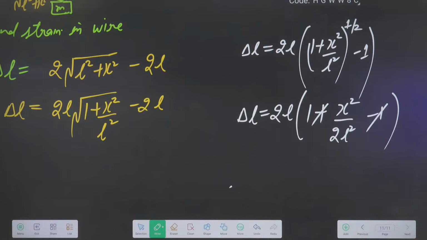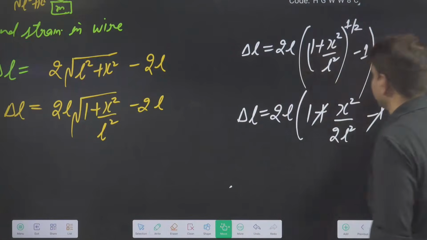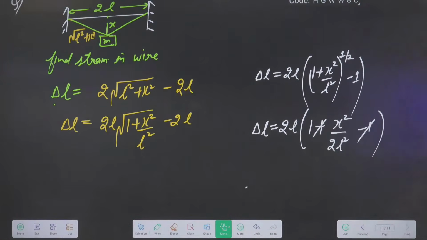Tell fast. What is the strain now? Everything I did, at least the last answer you can say. What is the strain? X square by L. Okay, one answer I got.